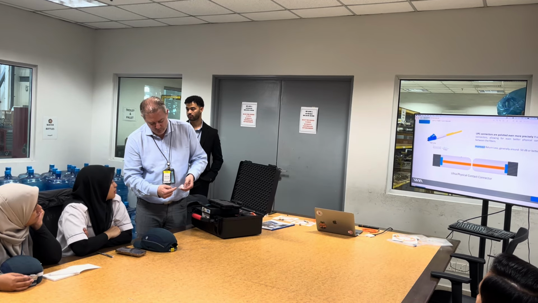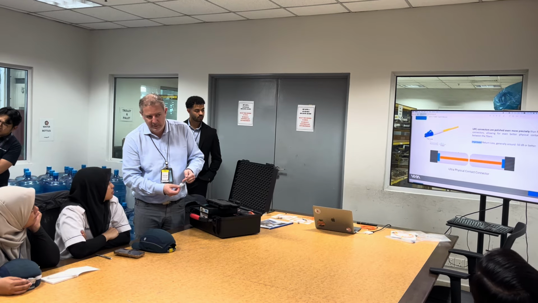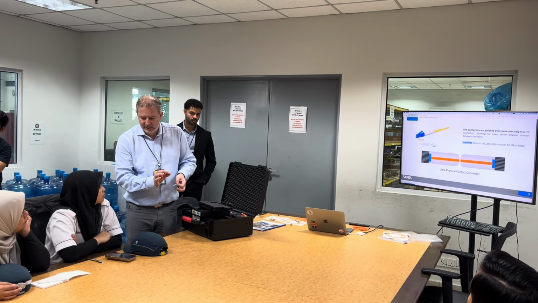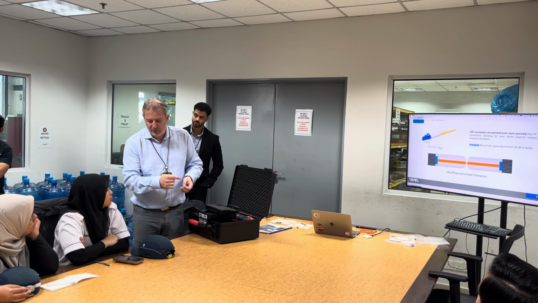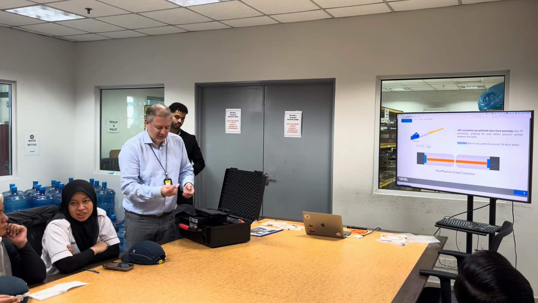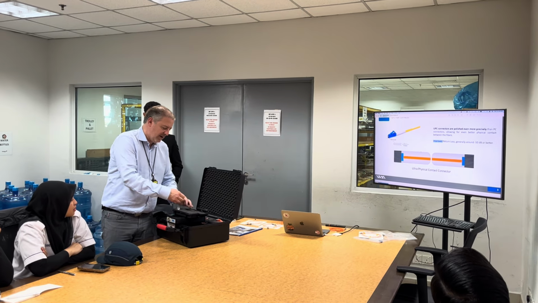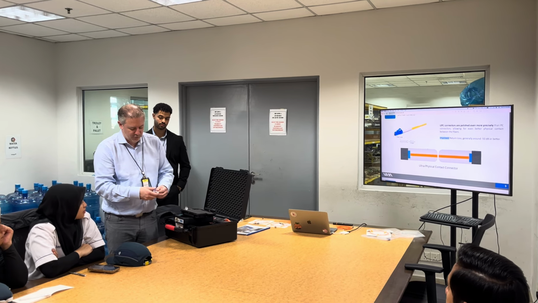So you can plug a 1.25 millimeter on one side and a 1.25 millimeter on the other side. You have to maintain a little pressure to guarantee physical contact, and then you can run the test. So these are the small 1.25, and these are the 2.5.